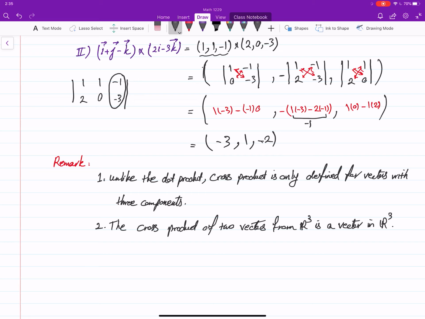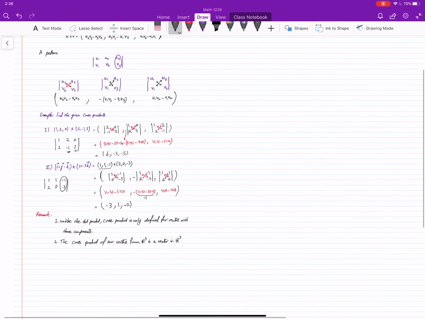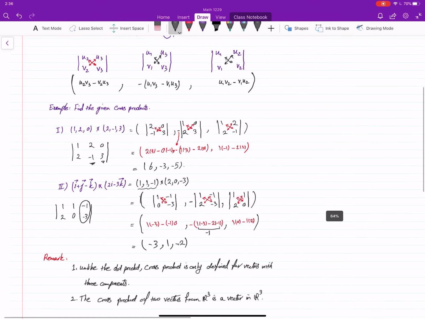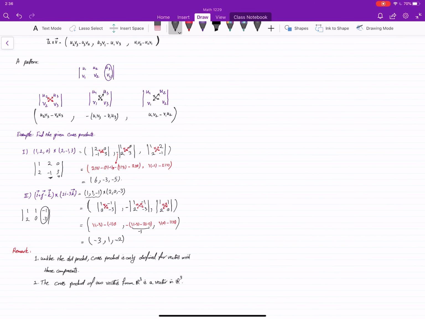Remember, the dot product of two vectors was a number, but the cross product will give you one vector, with 3 components. Those are the two main differences between dot product and cross product. So, just a quick wrap up: we defined what the cross product is between two vectors from R3, and then we did some examples.